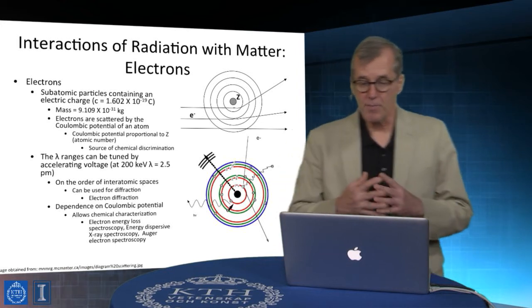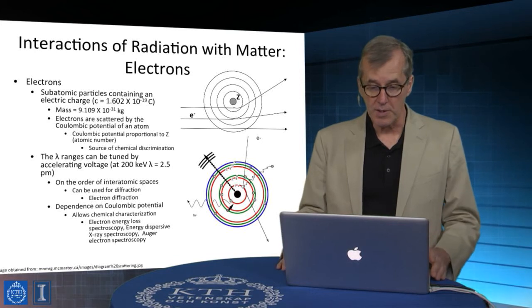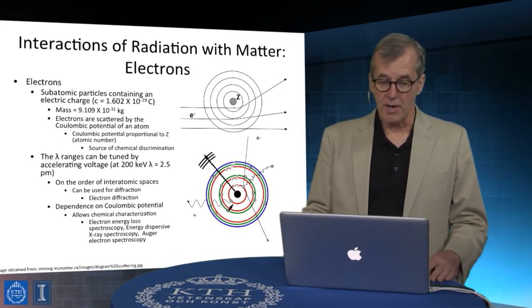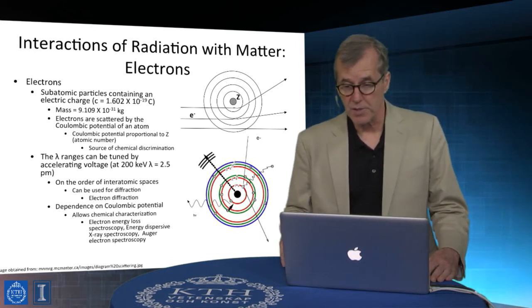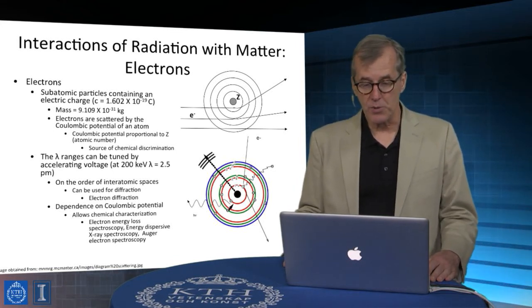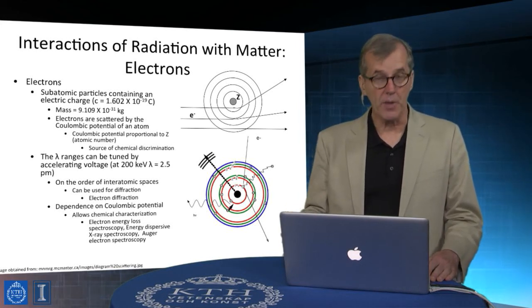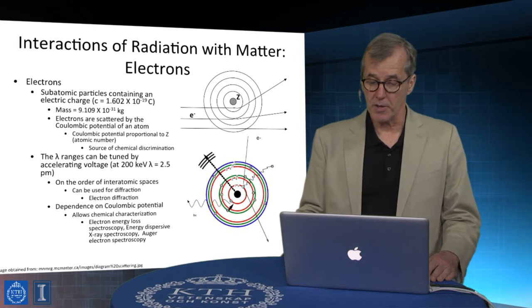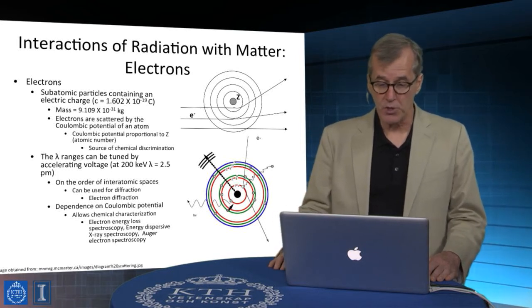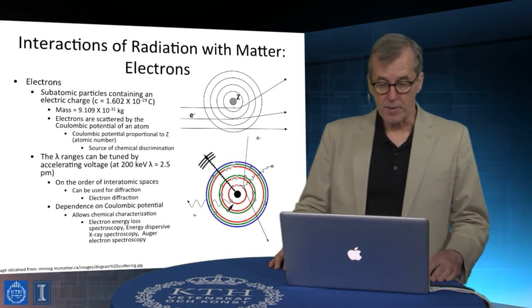And finally, and probably one of the most scalable and empowering methods of doing atomic scale characterization is via the use of electrons as a probe. Electrons, again, are low mass particles which can be accelerated to very high velocities, giving them a tunable and basically a capability for extremely short wavelengths.